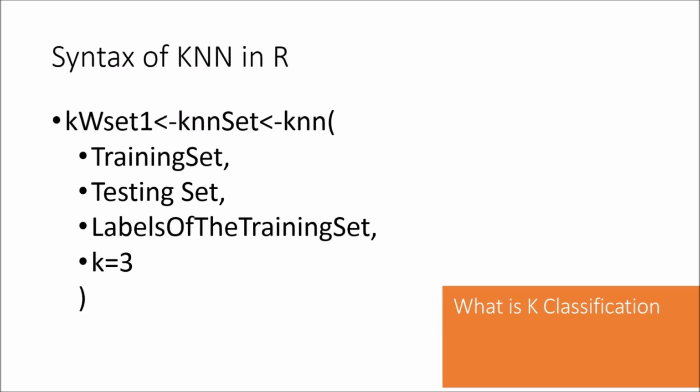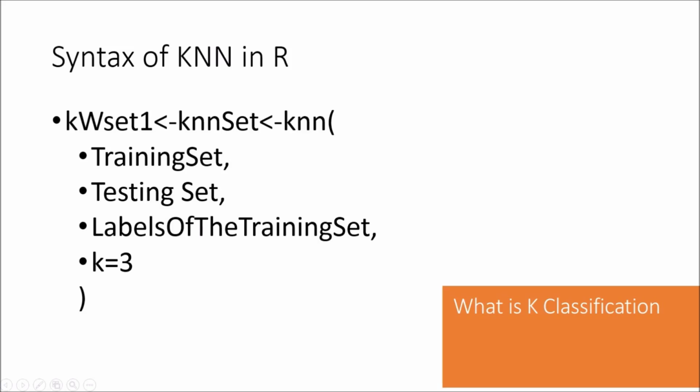Now from a syntax standpoint, I have predominantly been using R, and R out here. So KNN is the algorithm. You need a training set, like we initially talked about in the scenario example.